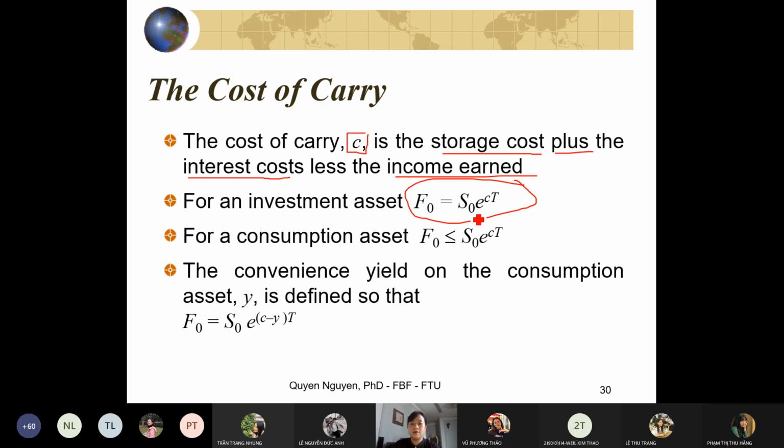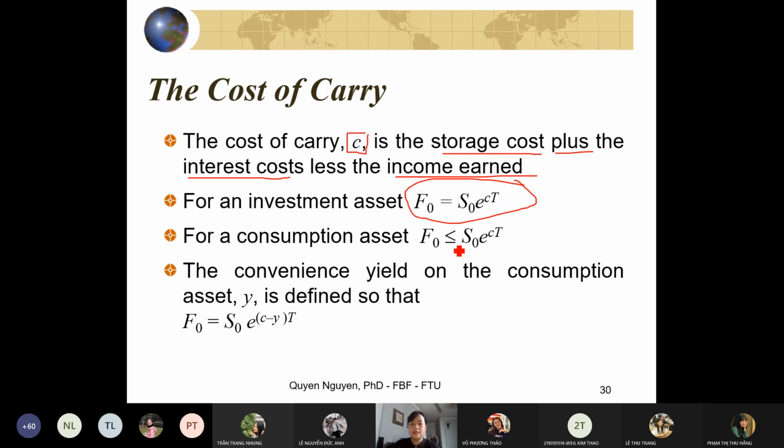F0 would be equal to S0 multiplied by e to the power of CT, when we take into consideration the storage cost, and C, the cost of carry, would be equal to the storage cost plus the interest cost less any income earned during the holding period.